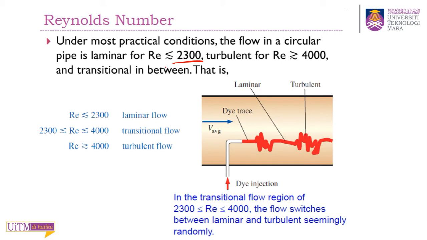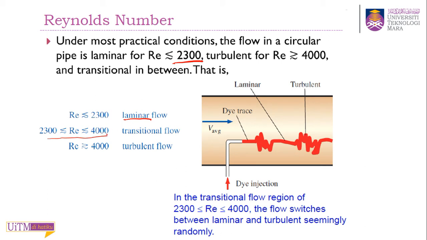Below 2300, we call the flow laminar. If you calculate the Reynolds number and get more than 2300 but below 4000, this is very important, it is not laminar flow and it is not fully turbulent flow. It is in transition, so you can say it is transitional flow, between 2300 and 4000.